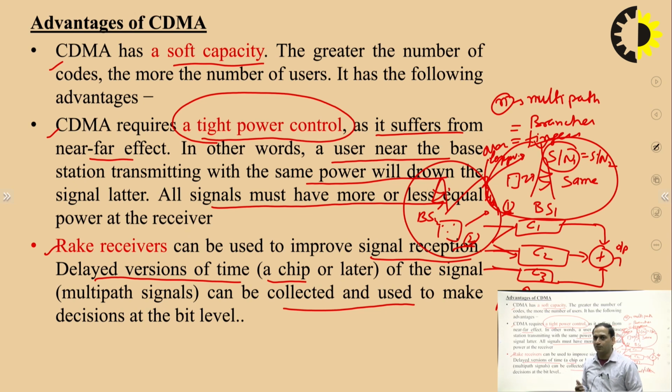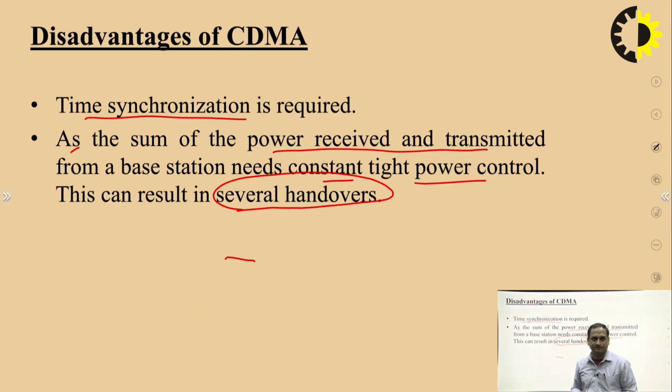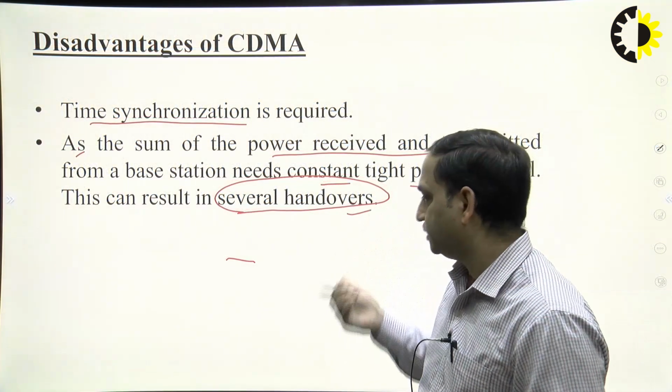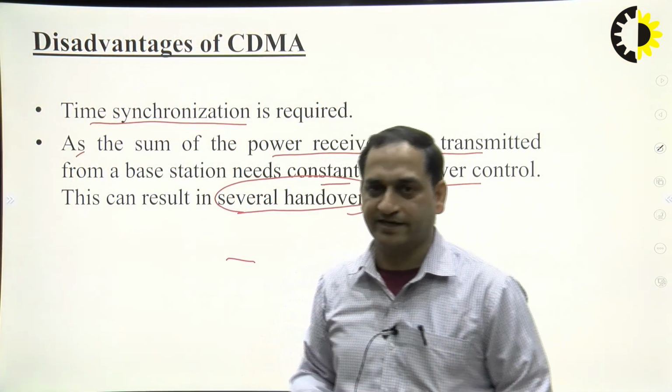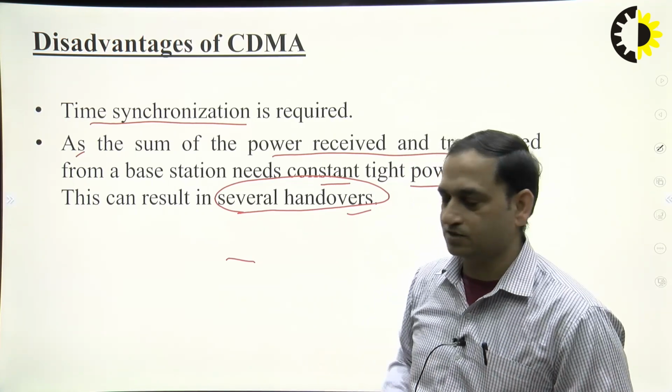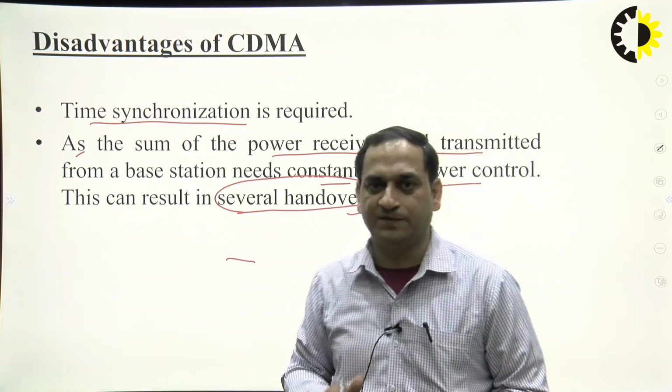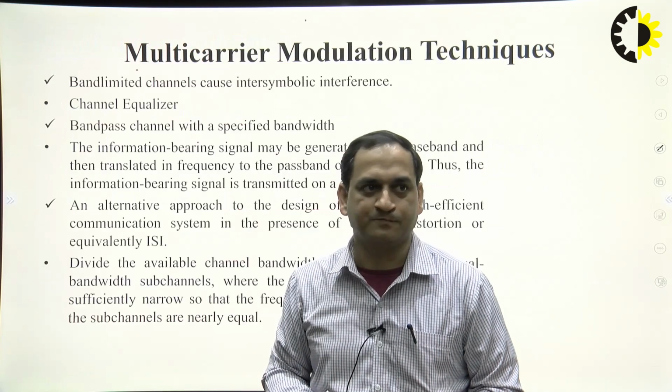Otherwise, if there is no power control circuitry, or it is not optimum, then there is a big issue in the CDMA system. That is why handover will occur, right? We have already discussed what a handover is between user 1 and user 2, when there is overlapping between cell 2 and cell 1.